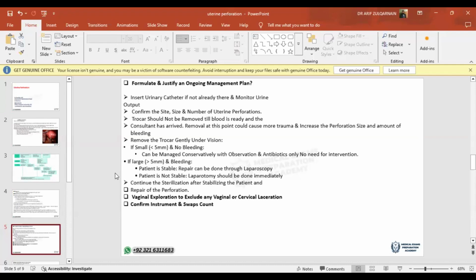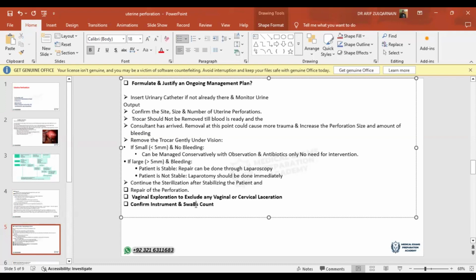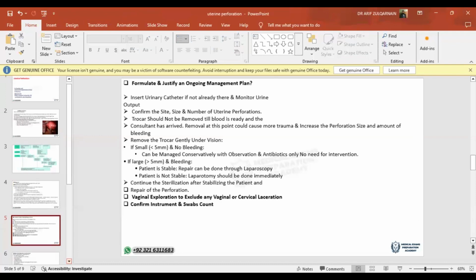So after the perforation is repaired and the patient is stable, you will also do vaginal exploration to exclude any vaginal or cervical lacerations, and you will confirm the instrument and swab count. Okay. So in this way you will manage.